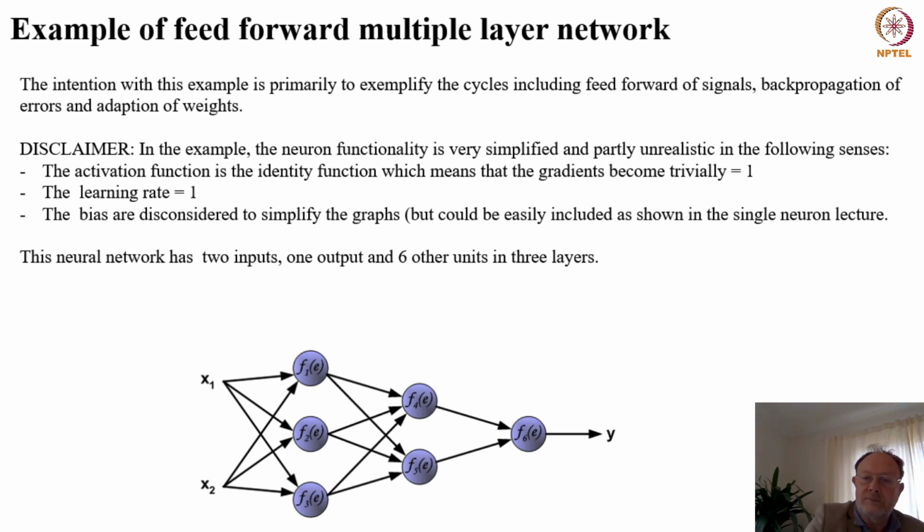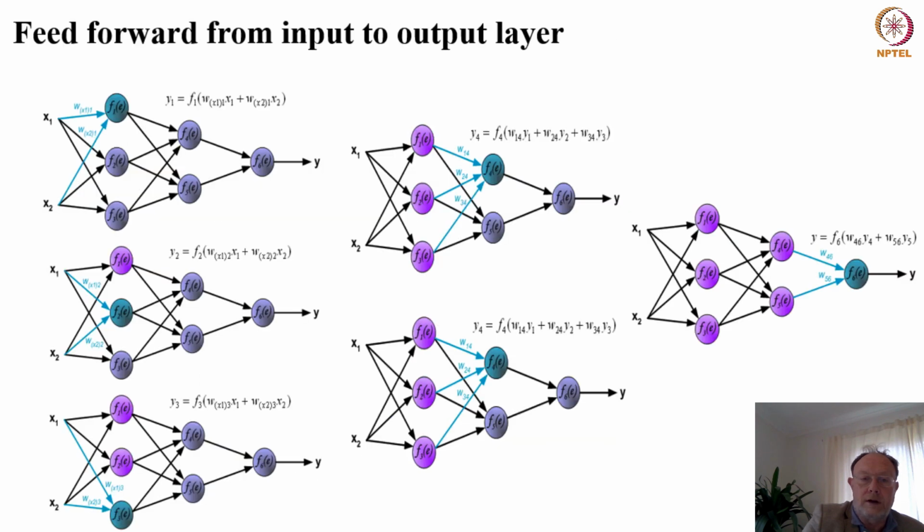The first phase is the feed-forward phase. Essentially we can see that the input values are propagated layer by layer, and outputs are calculated in each layer. So you go from the left to the right, and then you can see in the end an output value is calculated.